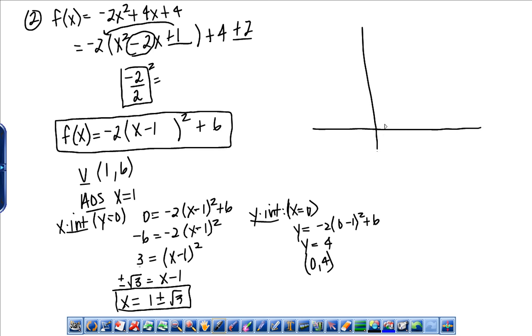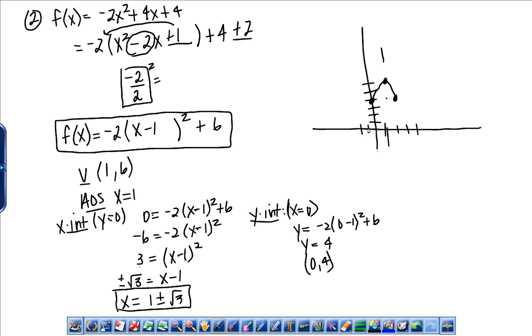All right, let's try to graph this. Okay, vertex (1, 6). And remember, this is facing down. So here's my axis of symmetry. X-intercept of 1 point. Oh, I don't want to do that yet. Let's do (0, 4). 2, 3, 4. So I know it's going to face this way, so I can do an opposite one of 4. Okay, so how am I going to do an x-intercept of 1 plus a little bit more?